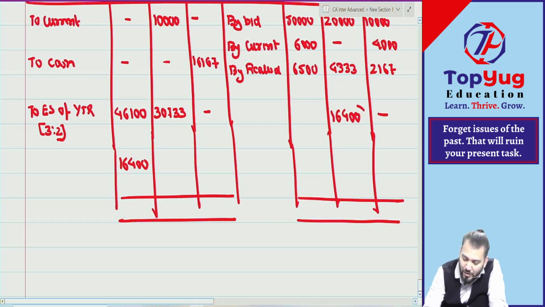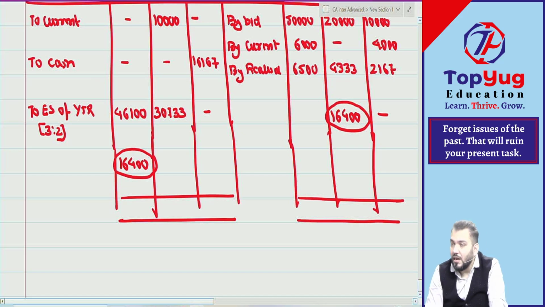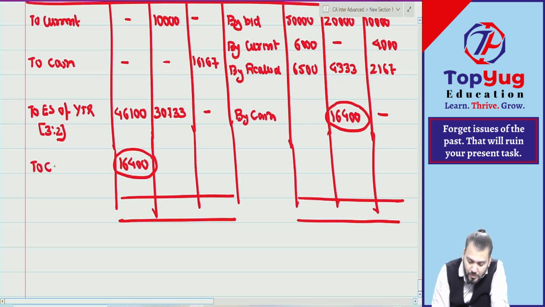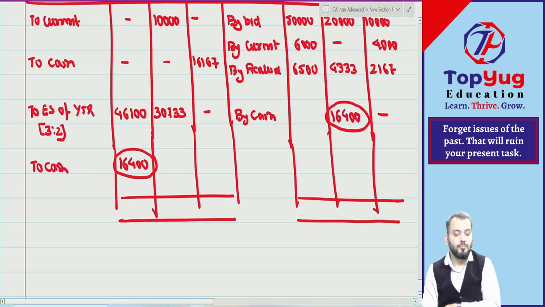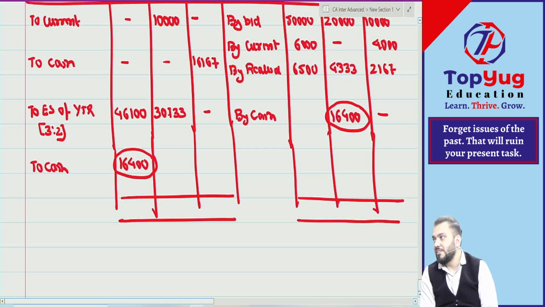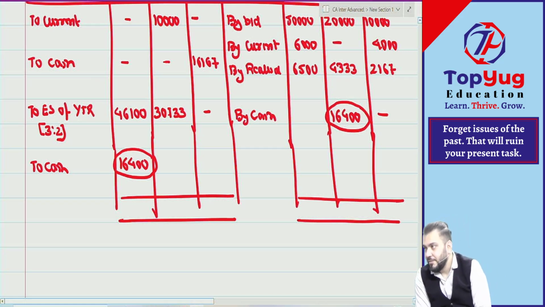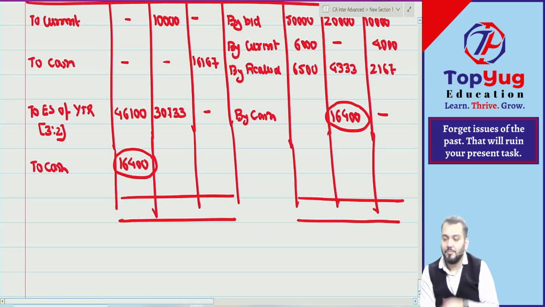Means can I say one partner will bring cash, another partner will withdraw cash, and automatically it will tally. Understood? And if nothing is given, you can adjust in the capital account also. But it is better to do by cash and to cash. Have you understood this point? But this was not a question of insolvency, and therefore we had not applied Garner versus Murray.